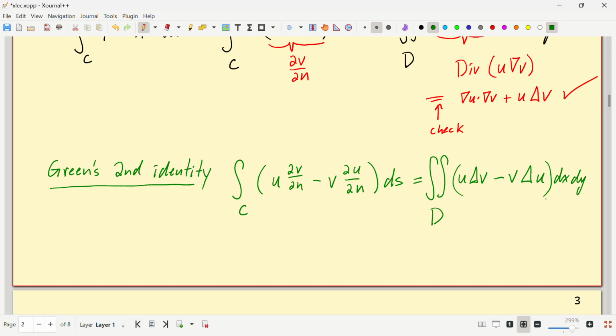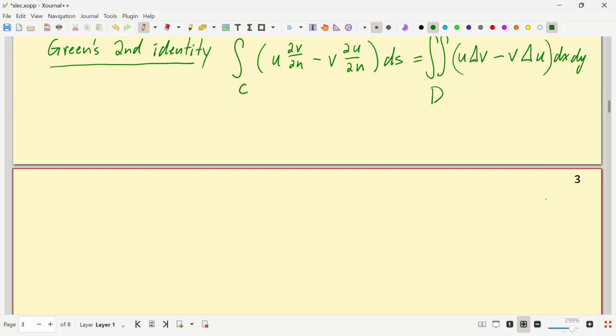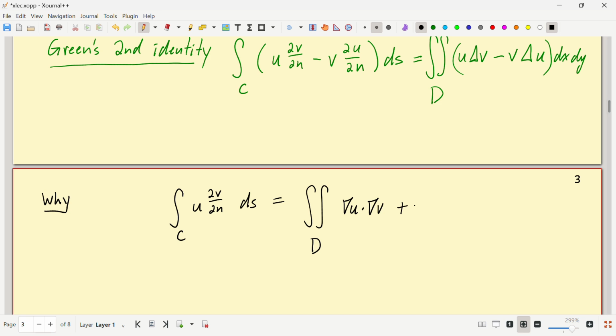That's very easy to get, because it's just a matter of subtracting two Green's first identities. Remember, Green's first identity was the integral around C of u dv/dn ds equals the integral over D of grad u dot grad v plus u Laplacian v dx dy.